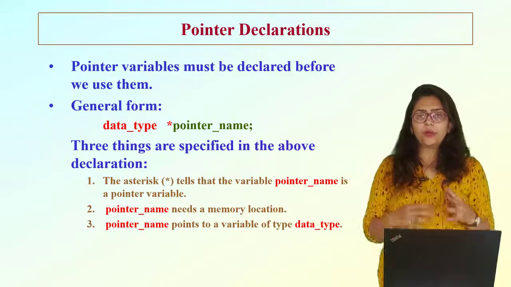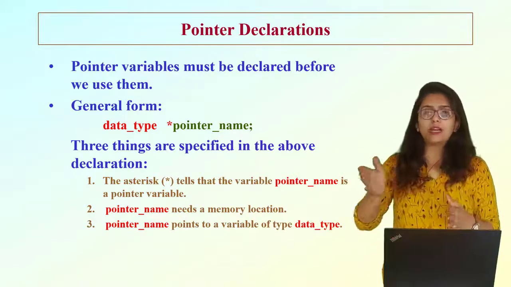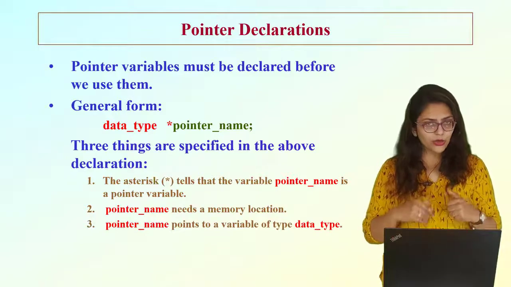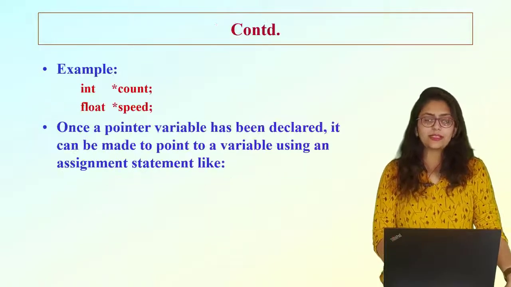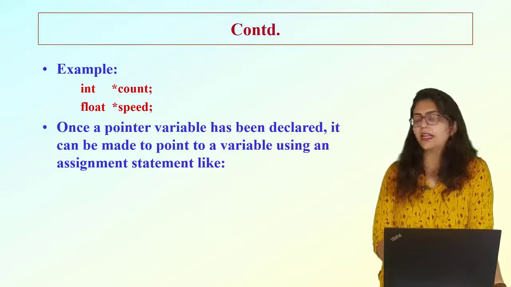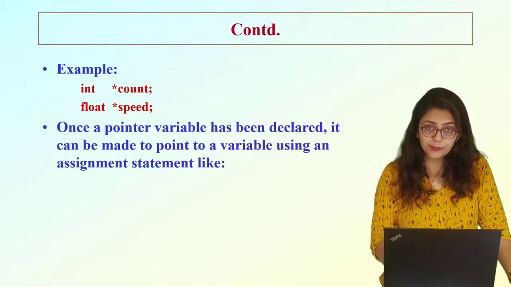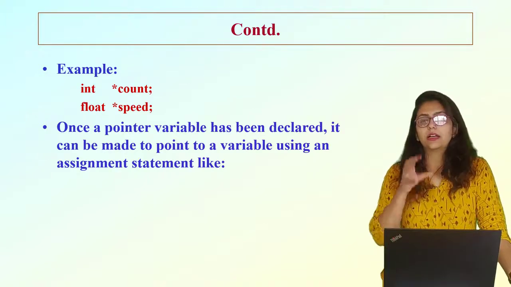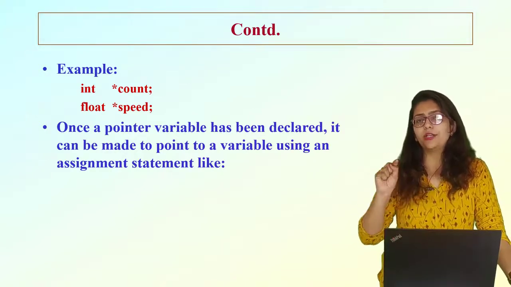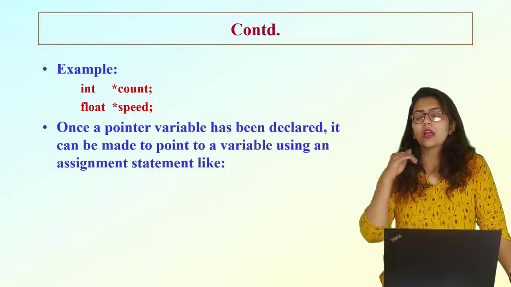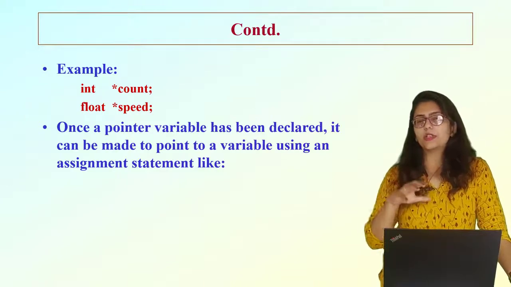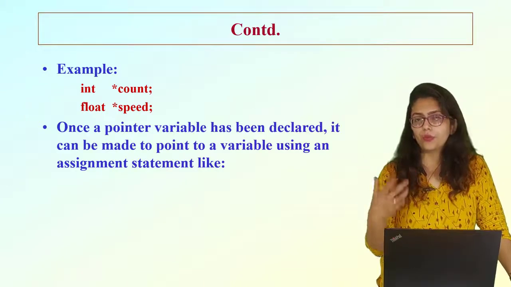So the data type shows what kind of value is being pointed to by my pointer. Now you can see the example here. I have declared int *count and float *speed. That means count is a pointer which will point to an integer value, and speed is a pointer which will point to a float value.